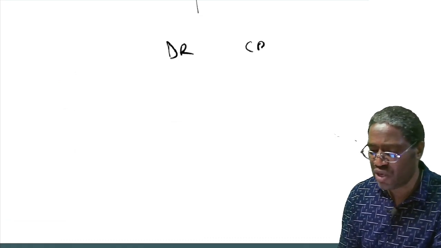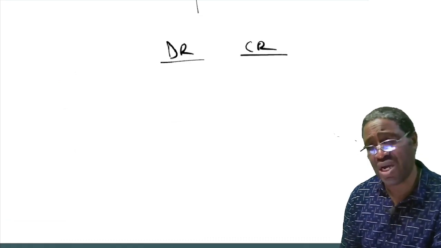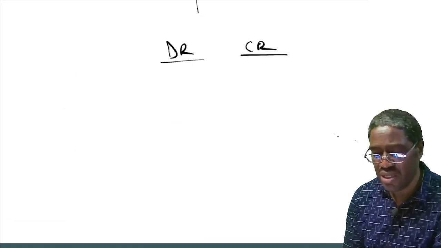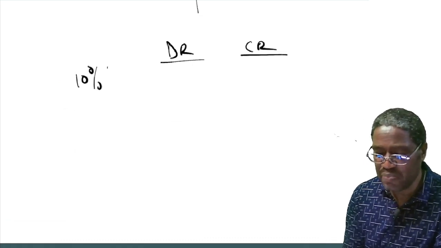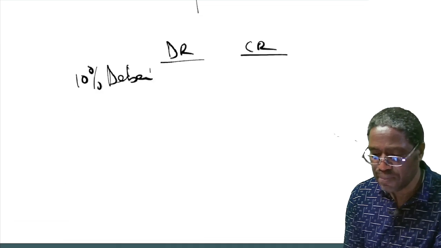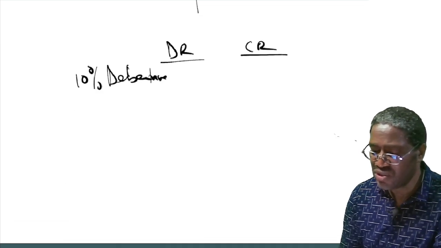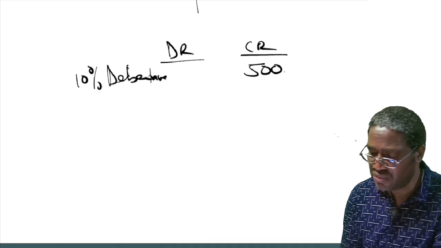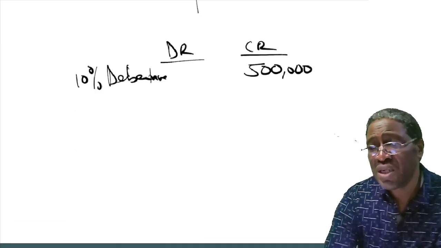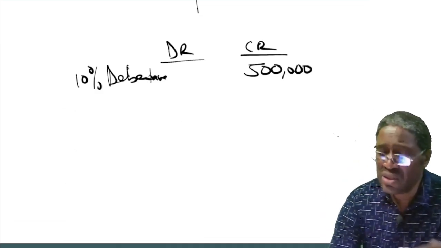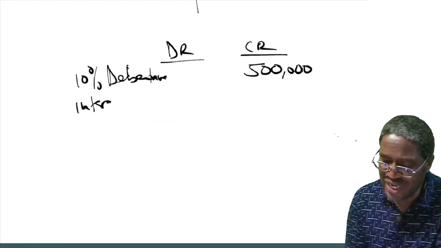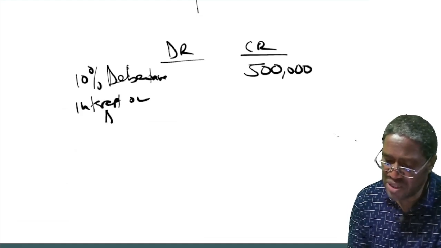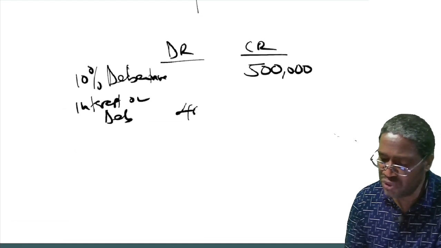In that topic, you used to be given a trial balance. In that trial balance, you used to be given something like 10% debentures, let us assume 500,000. Then in the same trial balance, you used to be given interest on debentures, let's say 40,000.